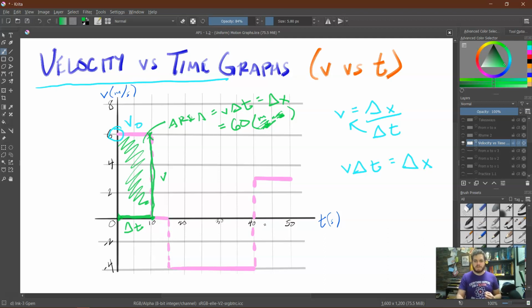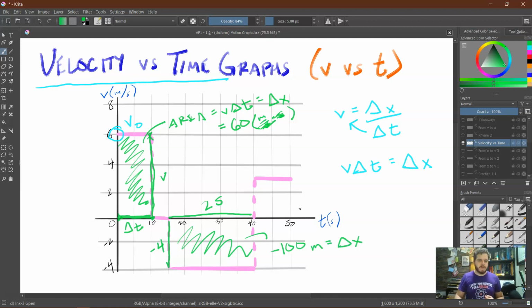Looking from 15 to 40. Well, once again, let's look at v. v is minus 4. My delta t is, let's see, 10, 20, 25. So my area here would be 25 times negative 4 is negative 100 meters.